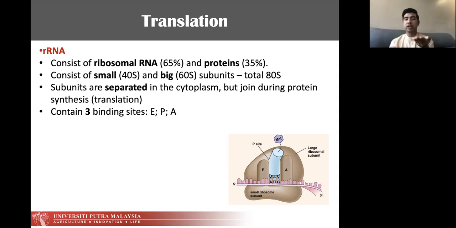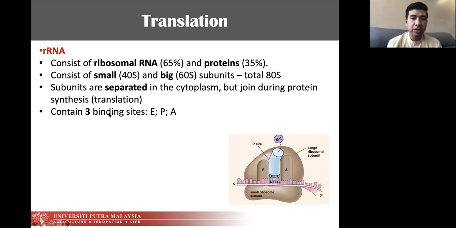The moment your small ribosomal subunit attaches to your mRNA and tRNA comes in, there's a large ribosomal subunit close by, ready to join together. Okay.